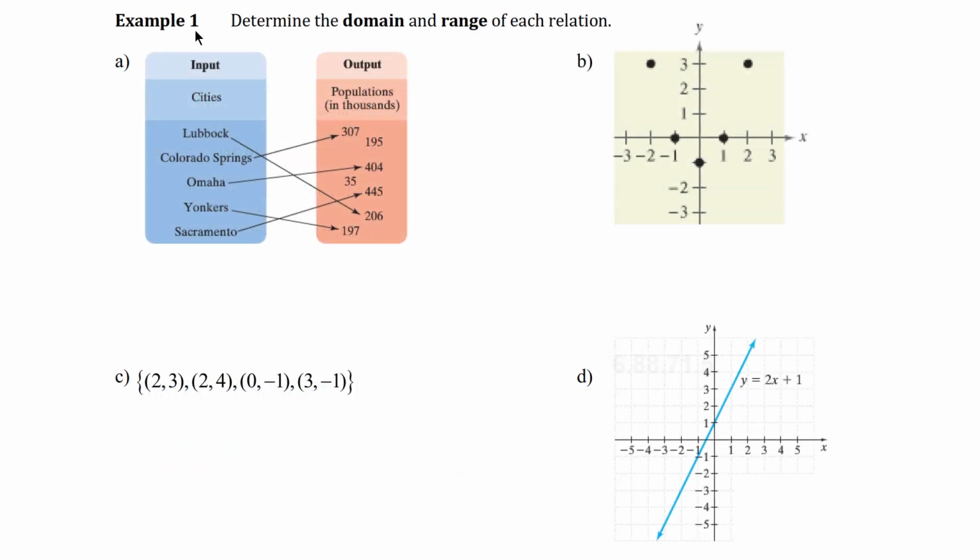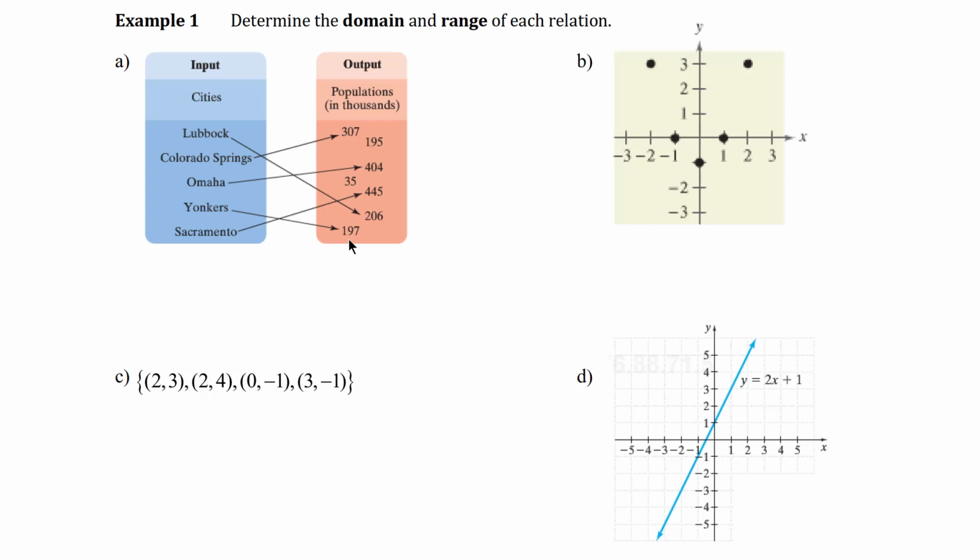For example number 1, determine the domain and range of each relation. For part A, we have the set of inputs, which are cities. We have Lubbock, Colorado Springs, Omaha, Yonkers, and Sacramento. Next, we have the set of outputs, which is population in thousands. We have the numbers 307, 195, 404, 35, 445, 206, and 197.